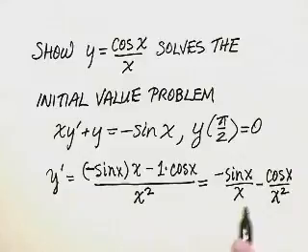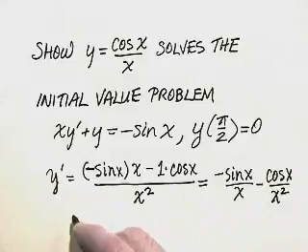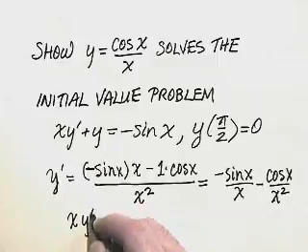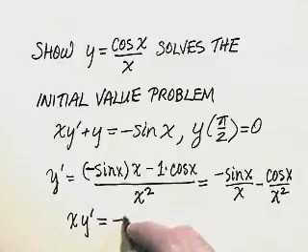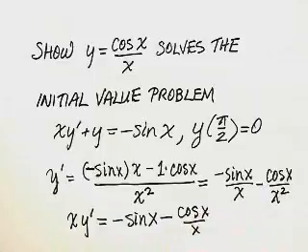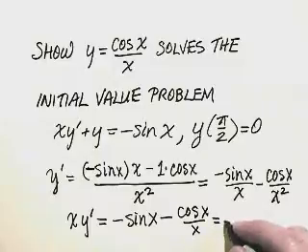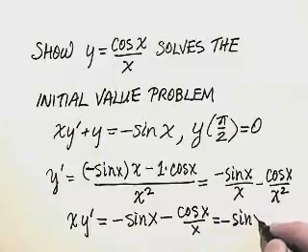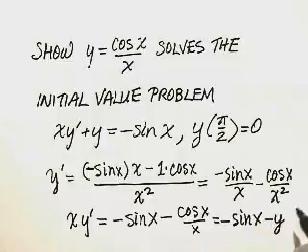Well, let's multiply through in this equation by x, and you'll see then xy prime is equal to negative sine x minus cosine x over x. But cosine x over x is y, and so this is negative sine x minus y. So we have xy prime equals negative sine x minus y.